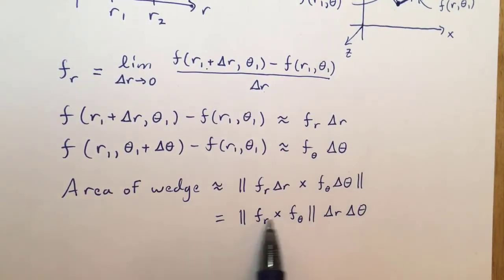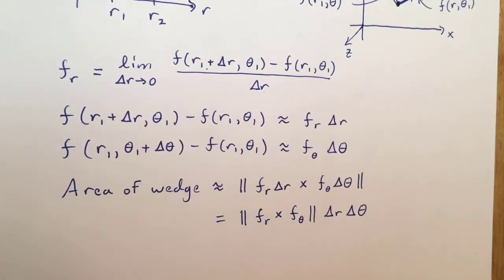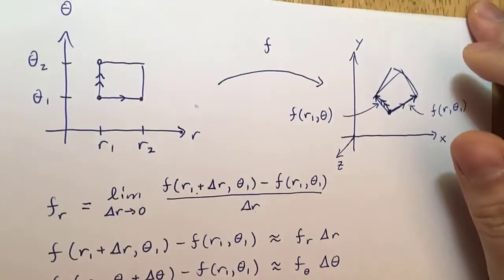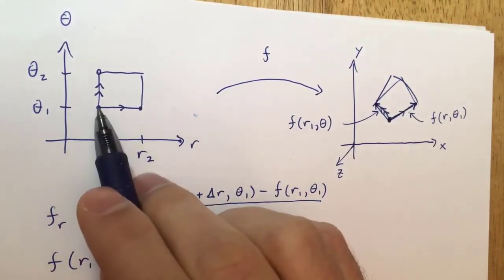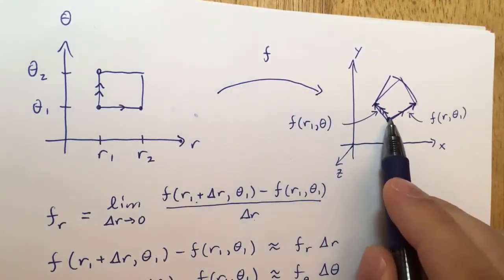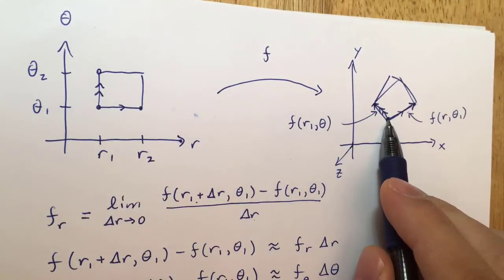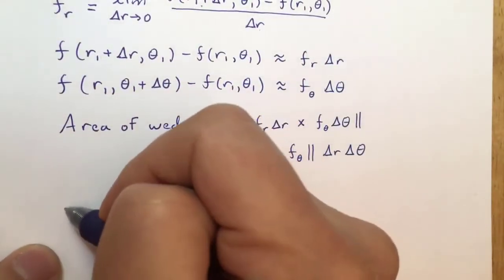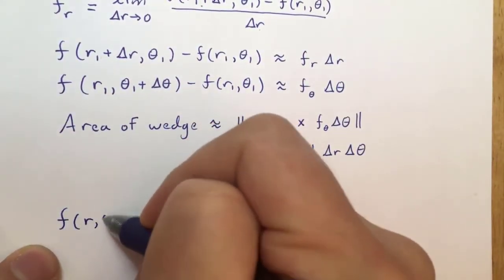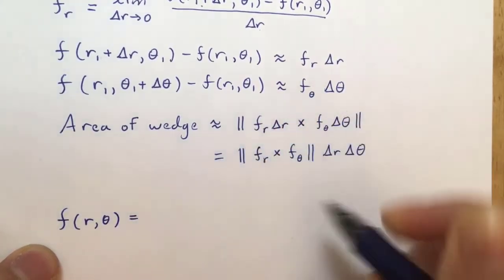How do we compute f_r? How do we compute this cross product? We have to think more about how to represent f. Okay, let's look at the picture. f is a function that takes r and theta, any point (r, theta), and transforms it into a point (x, y). So when we write down f of r theta, we get a new point.